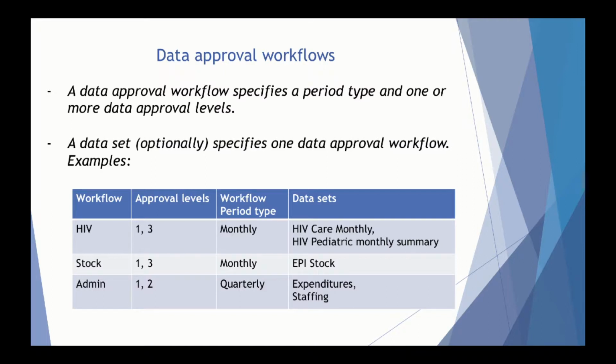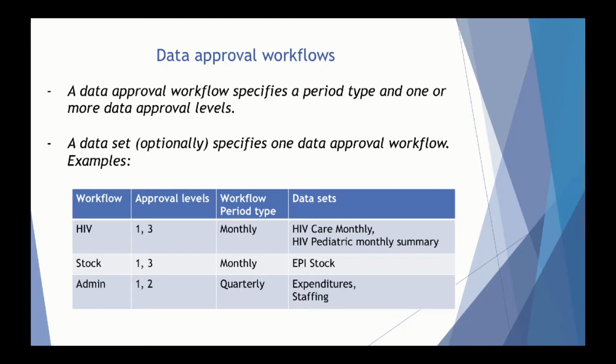Approvals are done by what is called a data approval workflow. A workflow will define which levels you want to approve the data at. So the levels are defined first, the approval levels, in one part of the metadata configuration. And then you define workflows.